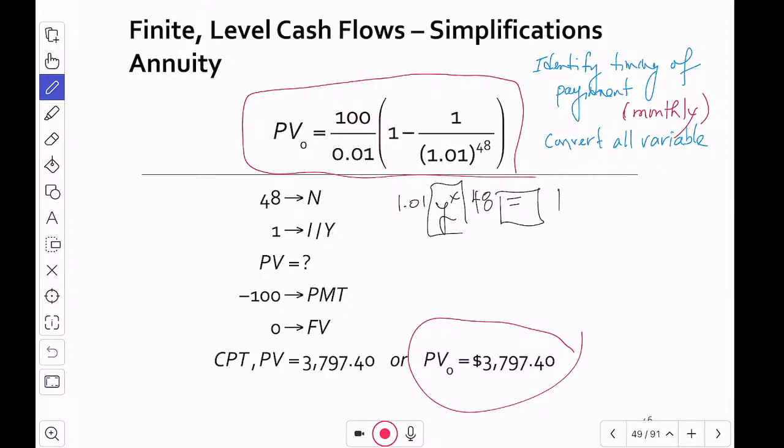And then I would use the 1 over x key to flip the amount and then change the sign. Then I will add the 1. So I'm working backwards. I'm flipping, I'm putting the negative in and adding 1. So now I have this whole amount.